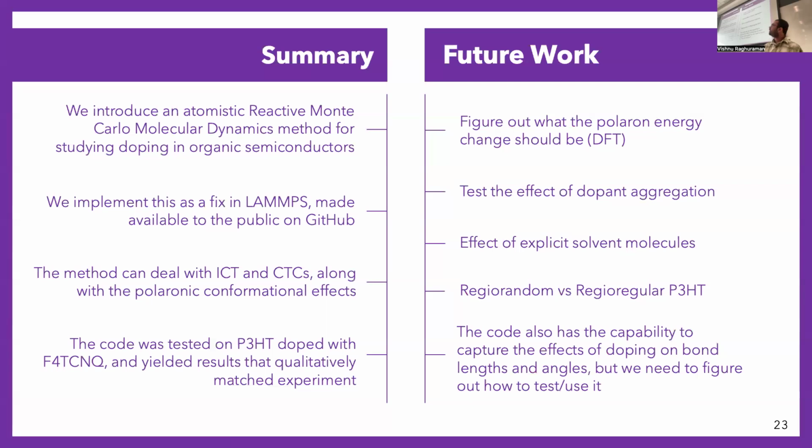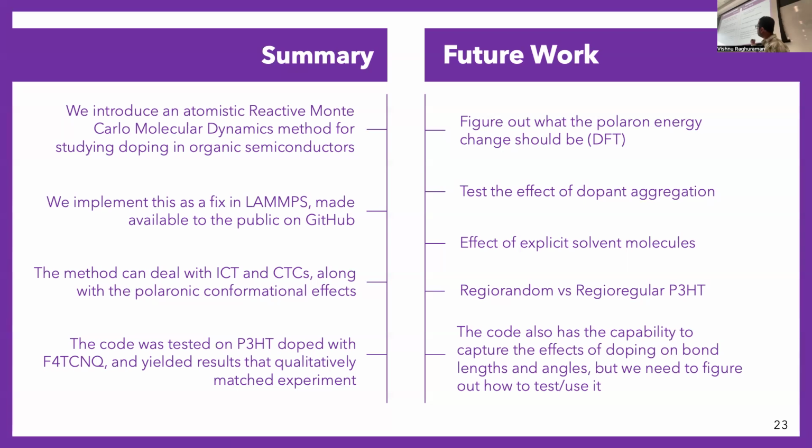So to summarize, we've introduced an atomistic reactive Monte Carlo method that can study doped organic semiconductors classically at meaningful scales, and it has been implemented as a fix in LAMMPS. It's available on GitHub. I've currently submitted it to the main LAMMPS repository, and it's going through review by the LAMMPS developers, but in a month or so it should be part of the main repository and can be downloaded from there.